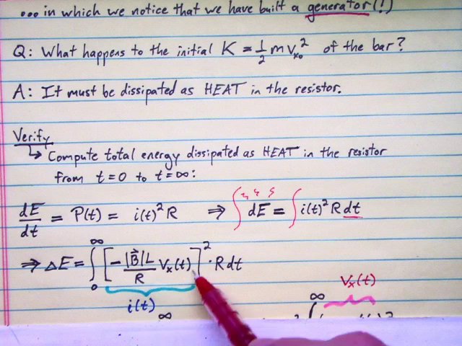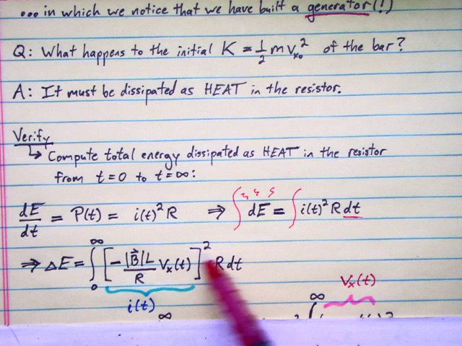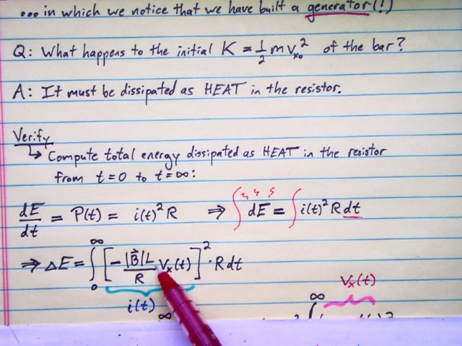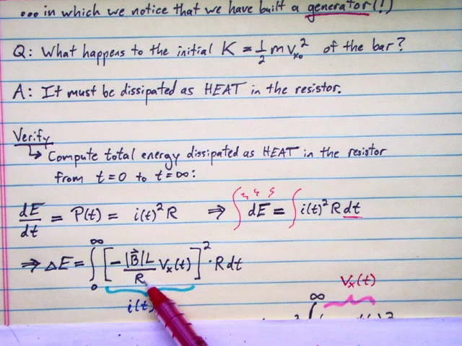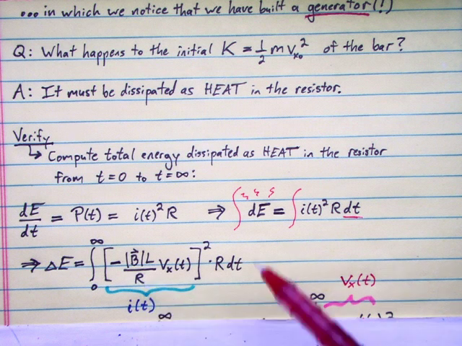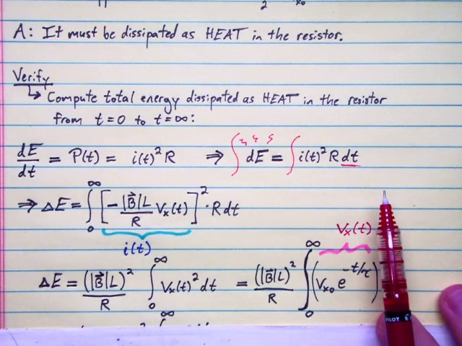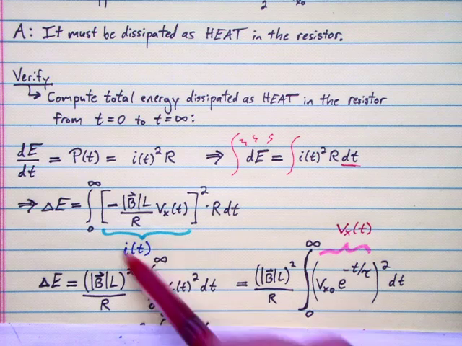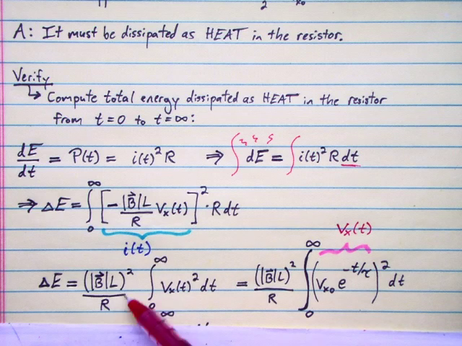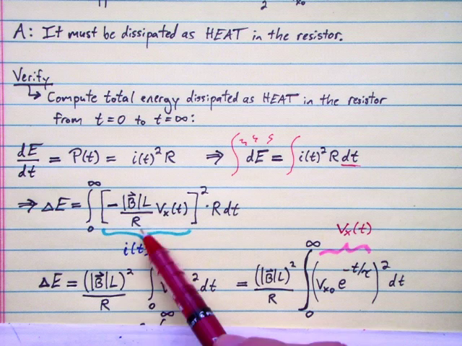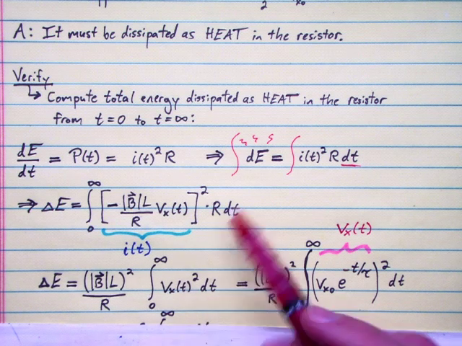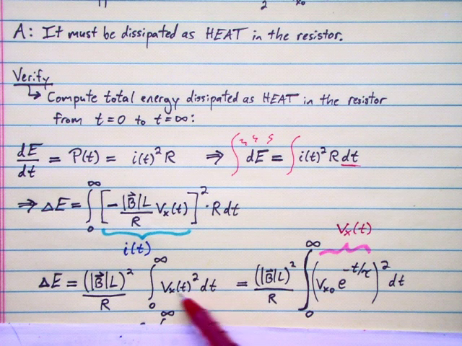This whole function is going to get squared here. Let's pull out our constants. The negative will get squared out, and the BL gets squared, R gets squared. That's the resistance. But there's an R up here and an R squared down there. One of those factors of R will cancel. So pulling those constants out front, BL squared over just R, and we're left with the velocity as a function of time squared dt.